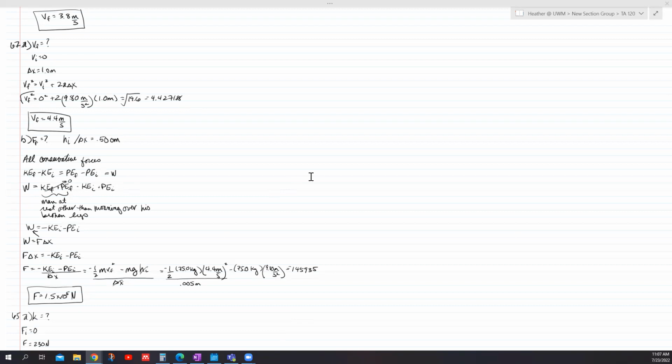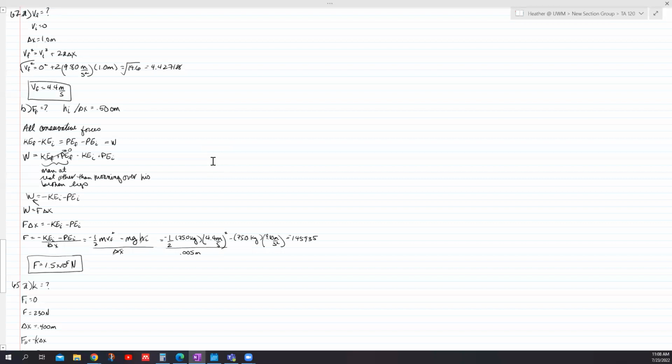All right, so here we need to know what the force is when he hits the ground. And we know that the delta X is going to be 0.50 centimeters. Again, we're assuming all conservative forces, neglecting air resistance and friction.